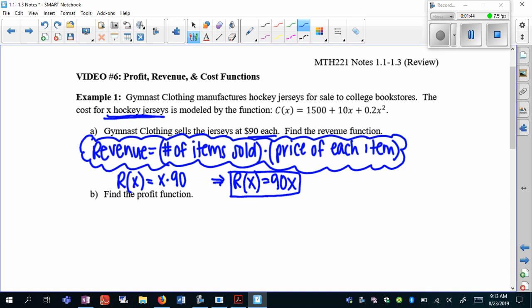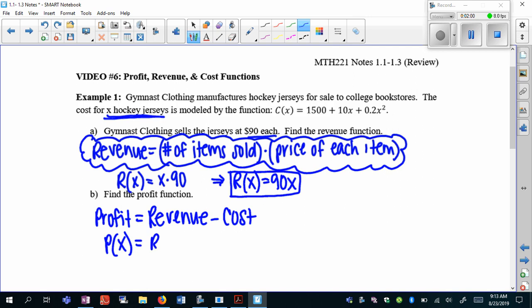So that's the revenue. Now to find the profit, whenever we talk about profit, this is equal to the revenue minus the cost. We would call this P of x, for profit, is equal to R of x minus C of x.